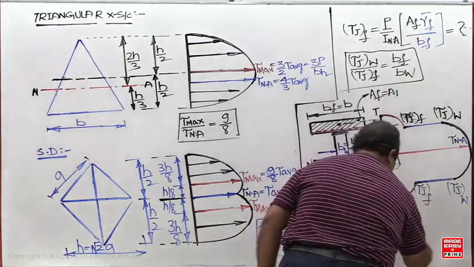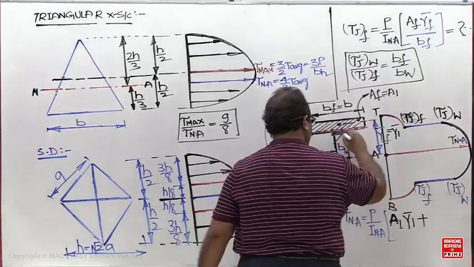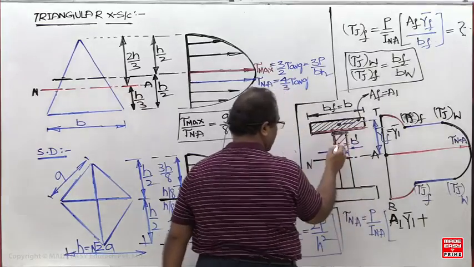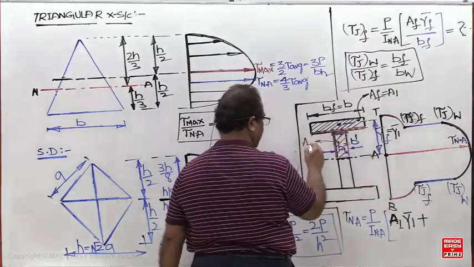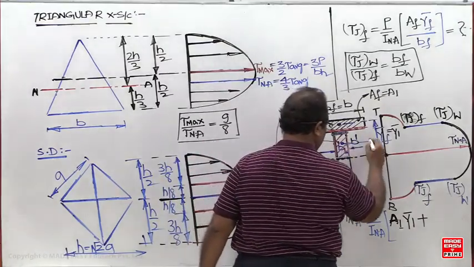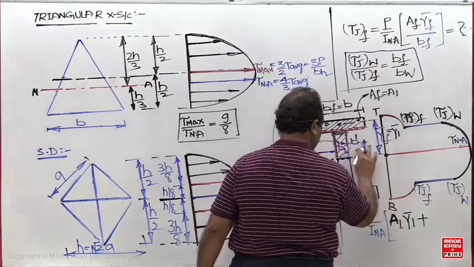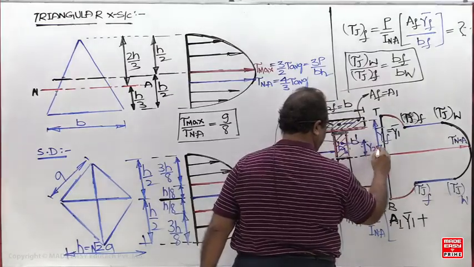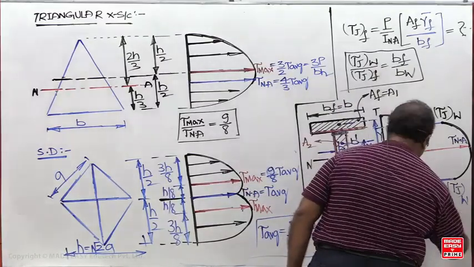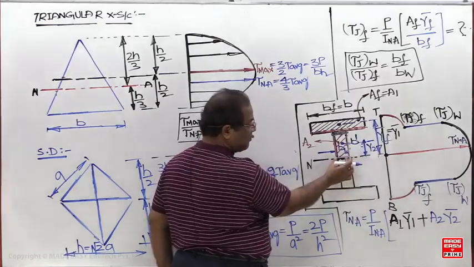A1 Y1 bar plus this area, which is A2, and this centroid here is Y2 bar. So A2 Y2 bar upon this width. What is the B you have studied, where I am calculating here? This width is the width of the web or the width of the flange? Width of the web.